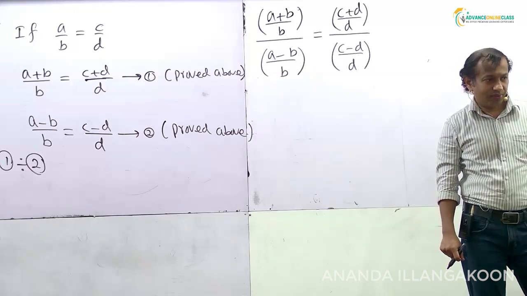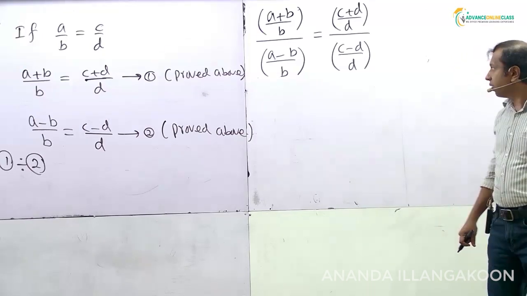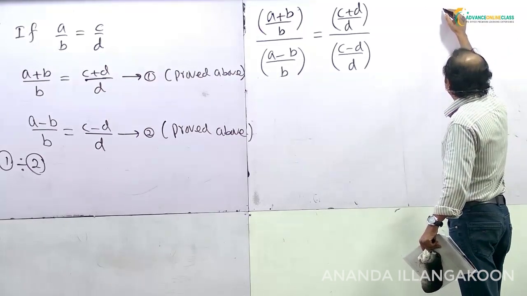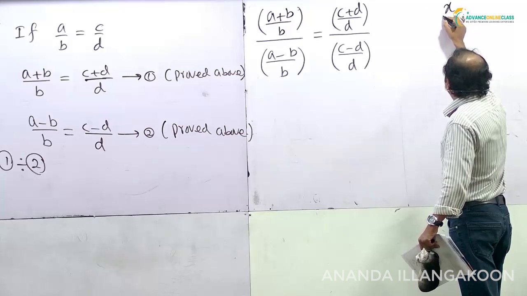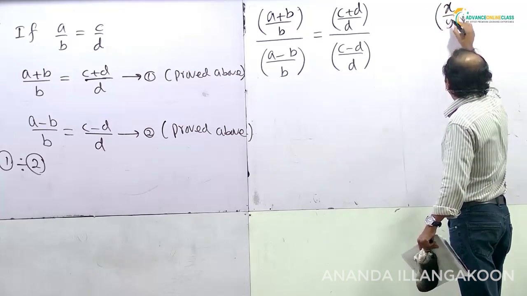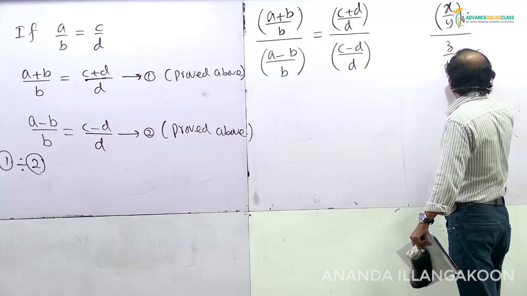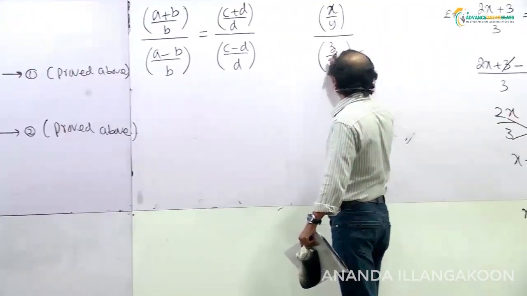How to simplify. Now people, pay your attention on this simplification. Suppose I have x upon y, a single number. This I need to divide by z upon y, another single number.